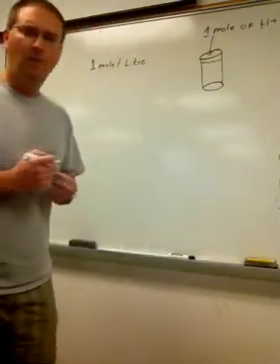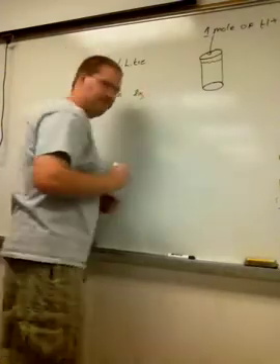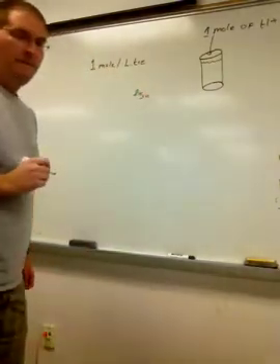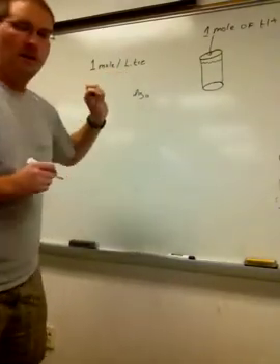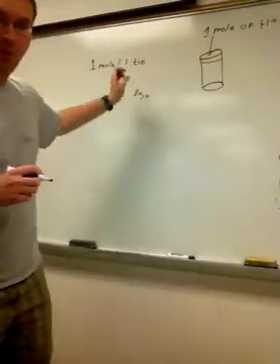And I said, well, what if I take a logarithm with a base of 10, and I turn this 1 mole per liter into a log, or I take the log base 10 of 1 mole per liter.